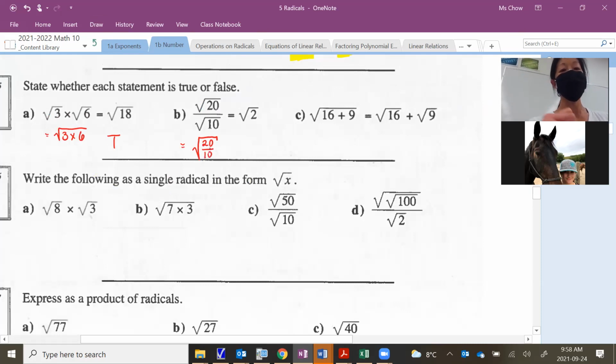Yep, 20 over 10. Is that 2? Sure is. So that is also true. Addition, can I have them separated? We can separate for what operations? If you're multiplying or dividing, not for addition. So that is false.